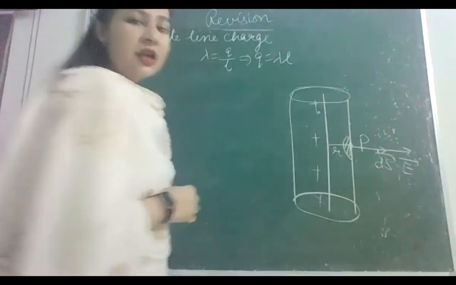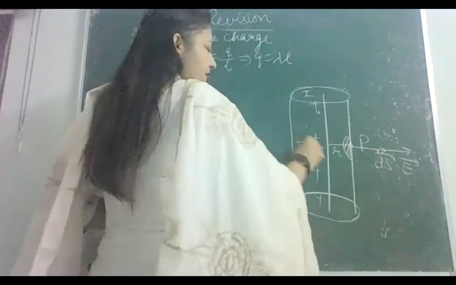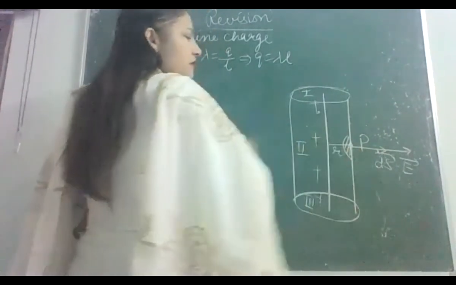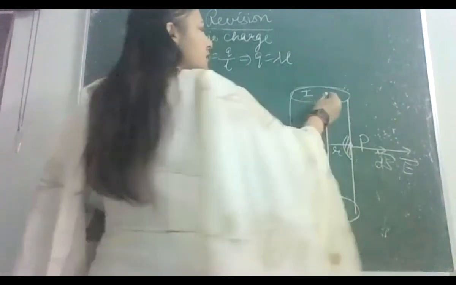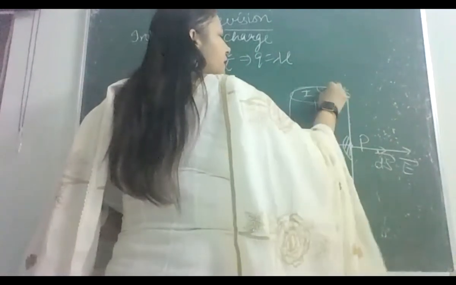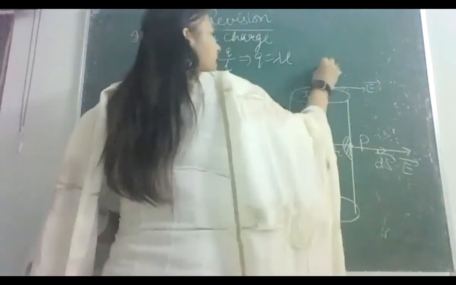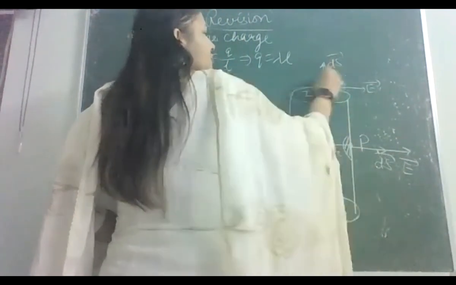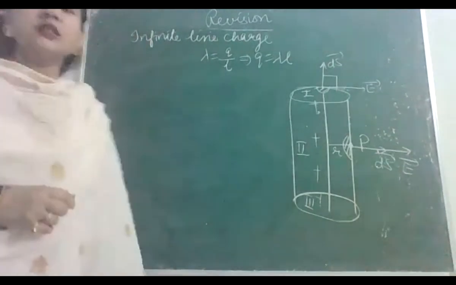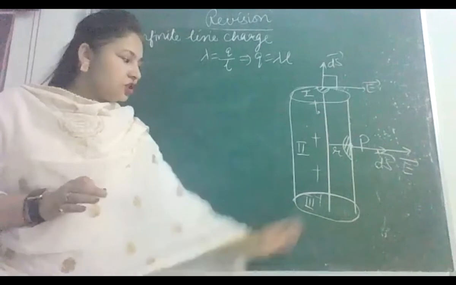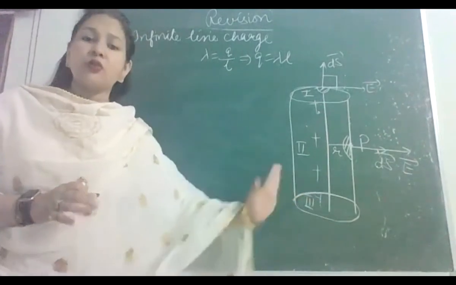Otherwise, it has three parts. First part, this surface, then second part and third part. For this, you are observing that E and ds are in the same direction. But let us take a point here. Then E is still in this direction, but the area vector is perpendicular. Since the angle between E and ds is 90 degrees, cos 90 is 0, so this term will vanish and this contribution will also vanish.